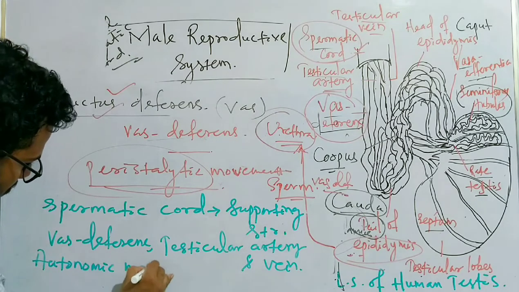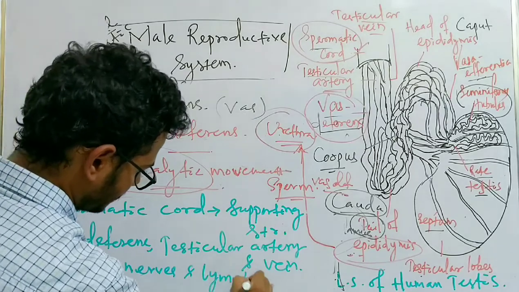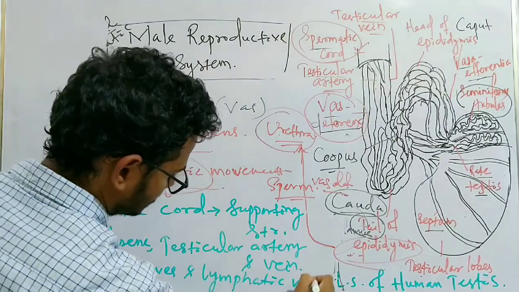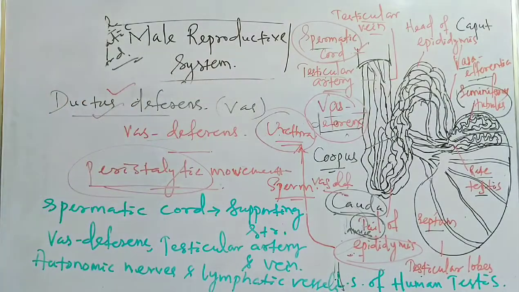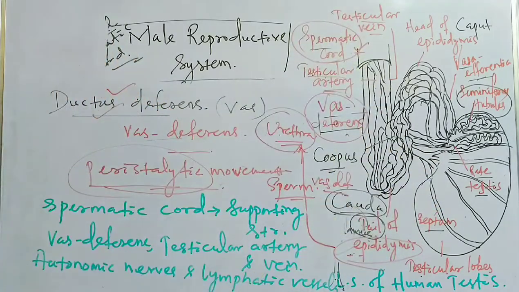So lymphatic vessels and autonomic nerves are also supplied to the testis with the help of the spermatic cord. So it helps in providing support.